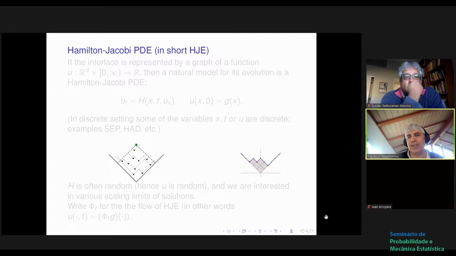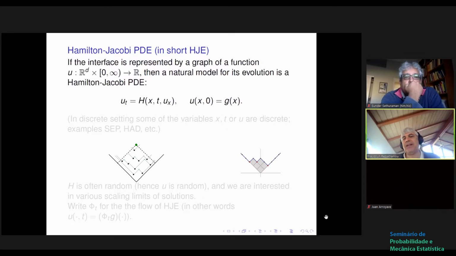So here I'm assuming that the interface is represented by the graph of a function u that depends on position in R^d, depends on time, and it takes values in R. So u(x,t) represents the height above x at time t.